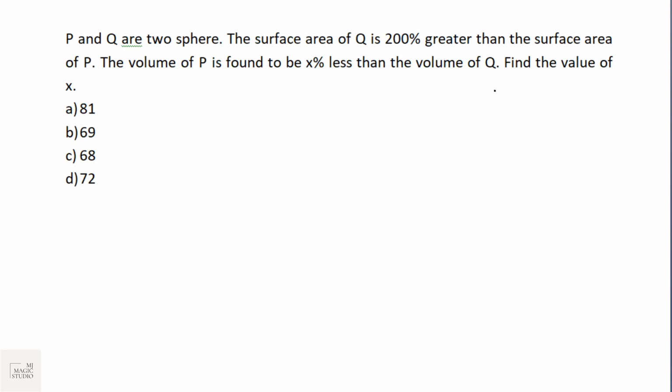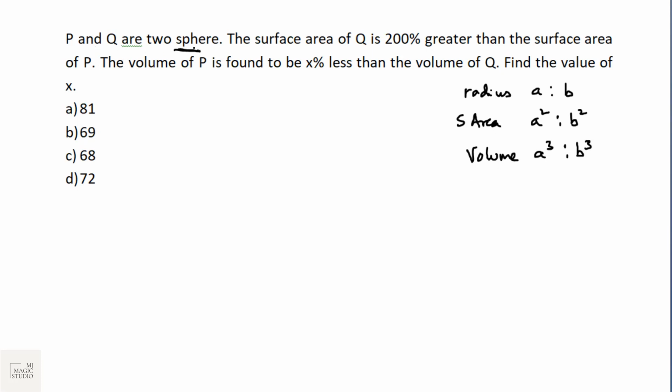It says that if the radius ratio is A is to B, then the surface area ratio, in case of spheres, is A square is to B square, and the volume ratio is A cube is to B cube. This is duplicate ratio and this is triplicate ratio.